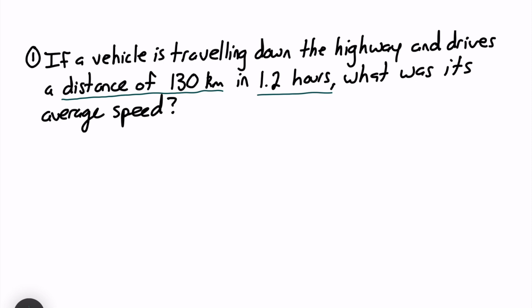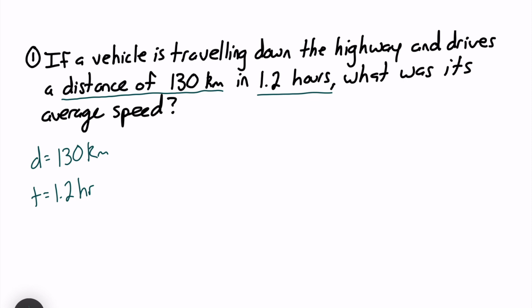Our distance is 130 kilometers, and our time is 1.2 hours. Let's just quickly realize here, our time isn't 1 hour and 25 minutes, so we don't have to do any conversions from minutes to hours. Our whole time is in hours, so we do not need to worry about that whatsoever.